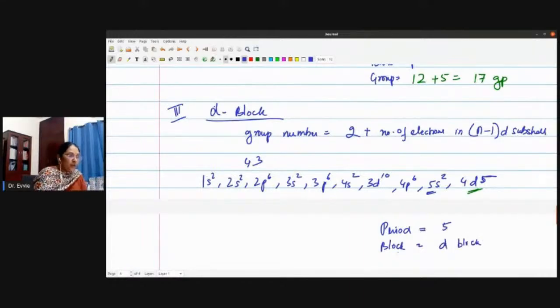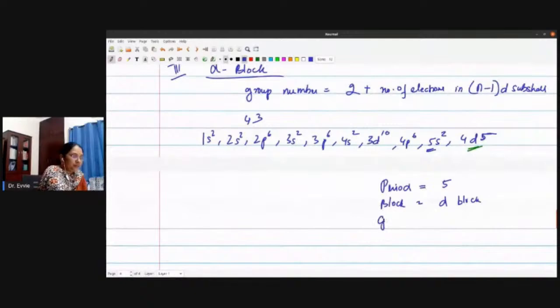Now coming to the group, I've already given you the formula. 2 plus number of electrons in (n minus 1) D subshell. Okay, see here, this is your n. Just before that, this 4 and this 4, this will be your n minus 1 shell. The highest value will be the n.